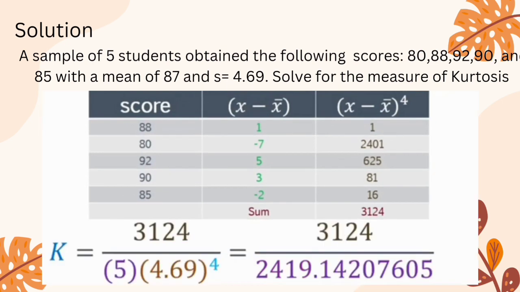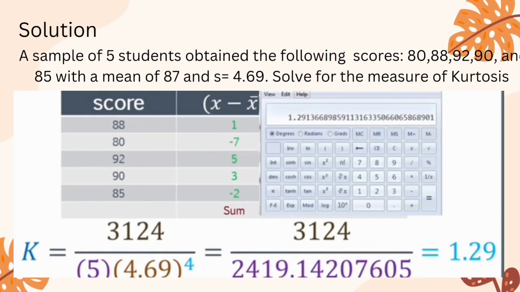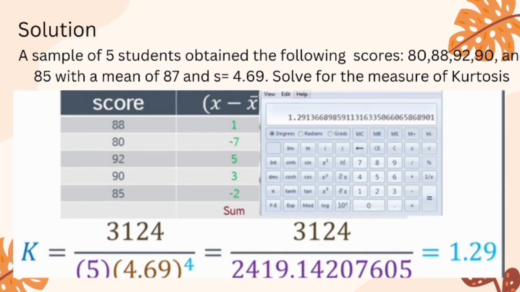Let's simplify the denominator first. In your calculator, calculate first the fourth power of 4.69, and then multiply it by 5, and you will get around 2419.14. Since we already found our denominator, let's simplify further: 3124 divided by 2419.14, and you will get an answer of 1.29.